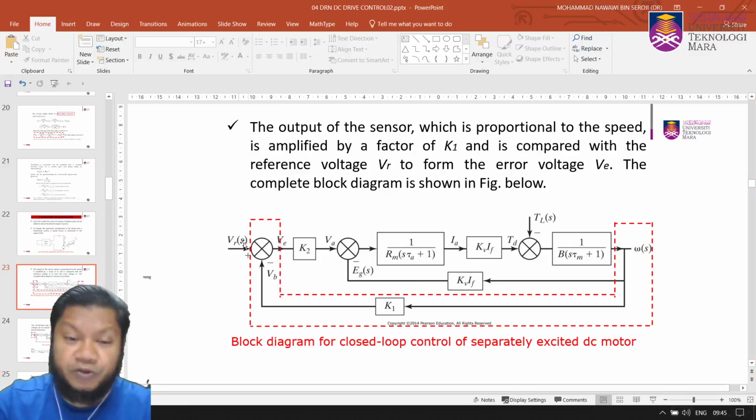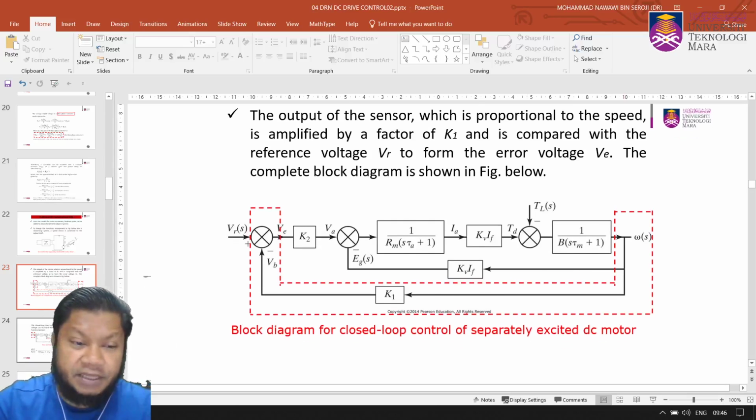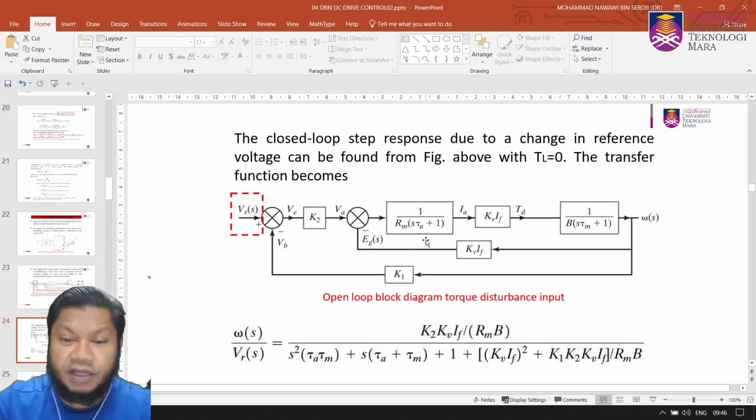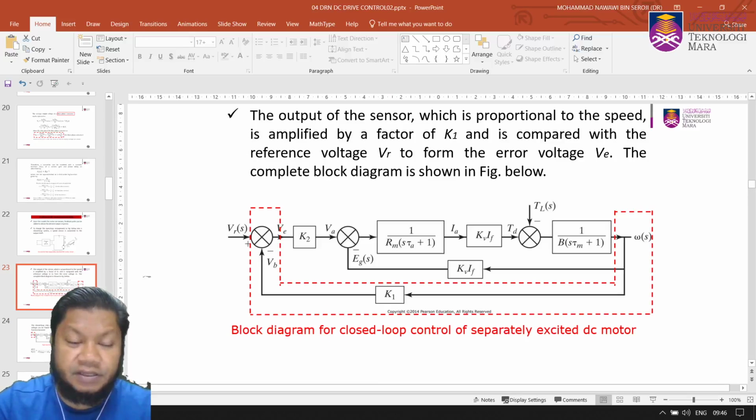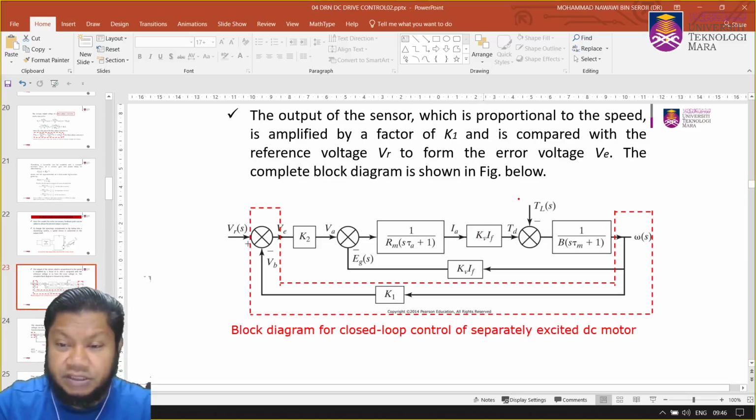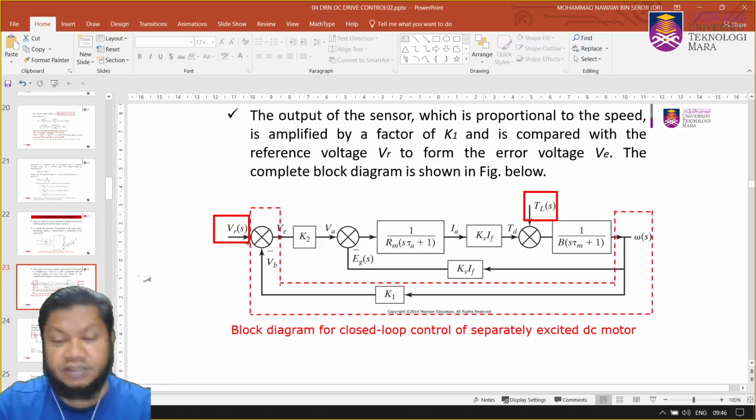When you add another loop, it becomes cascaded, a cascaded block diagram, with an outer loop. So now again, just as we did in modeling the motor, we also need to consider the change in the load and the change in the reference signals.